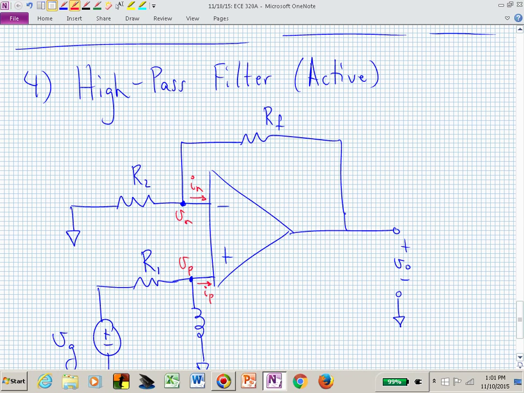And what we want to do now is see how does this particular device behave when it's interconnected with these R's and L's. So active just means, in this class, it's going to mean you have an op-amp-based circuit. You now have energized devices that need to be powered up before any of this is going to work the way you expect it to work.